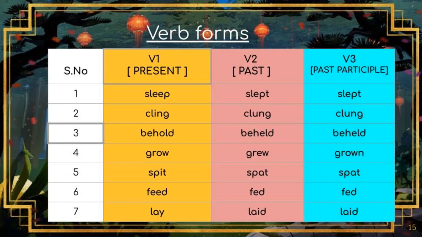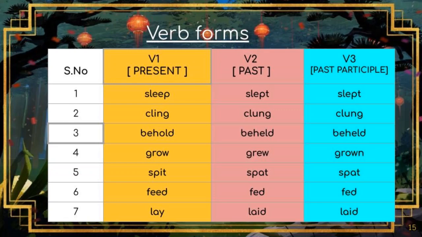Students, now we are going to revise verb forms. Students, in verb forms, 3 forms are there. They are V1, V2 and V3. V1 means present tense. V2 means past tense. V3 means past participle.